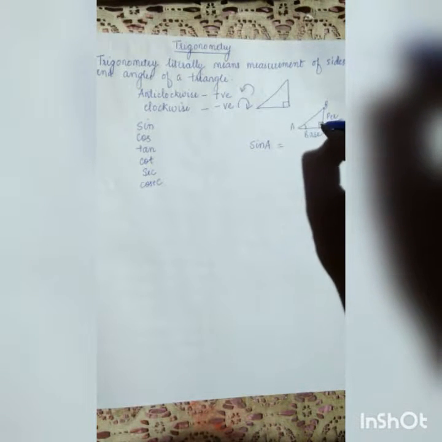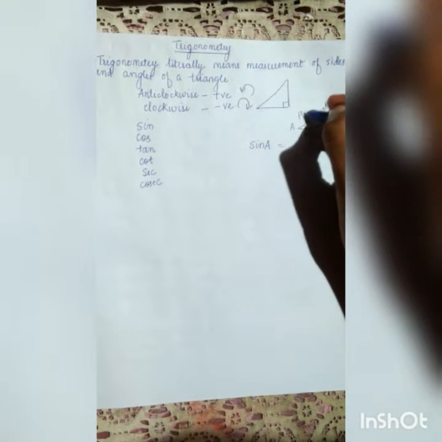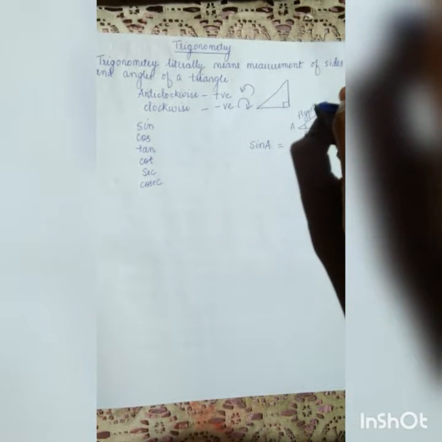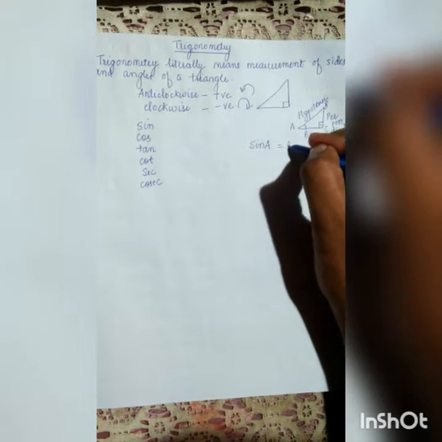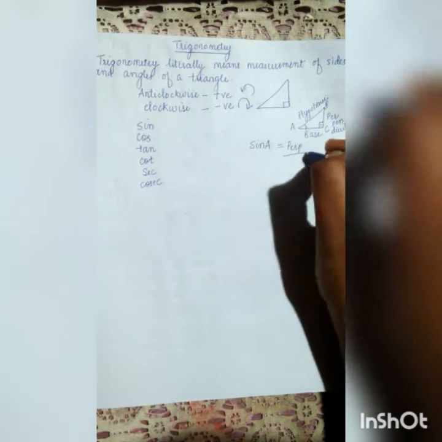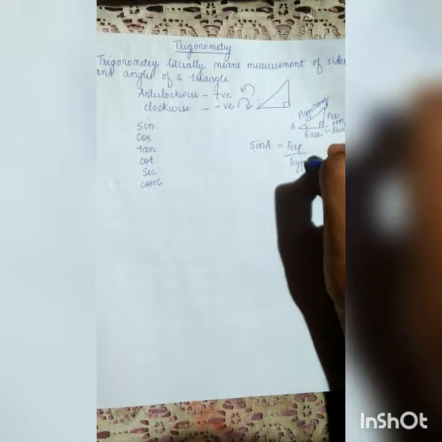The side opposite to 90 degree is always considered as hypotenuse. So sine A is always given by perpendicular by hypotenuse.